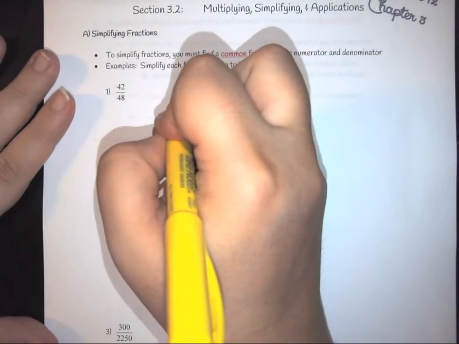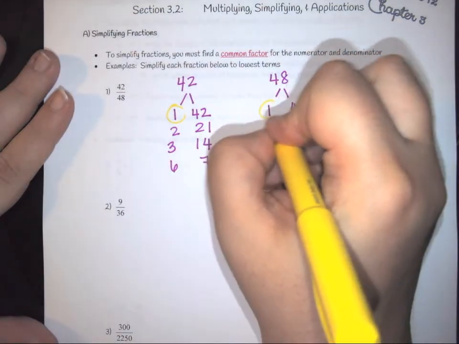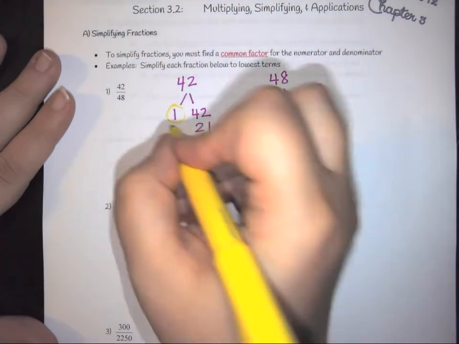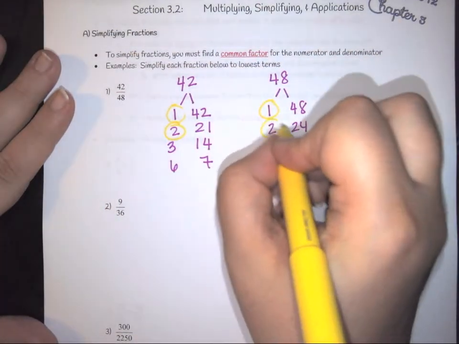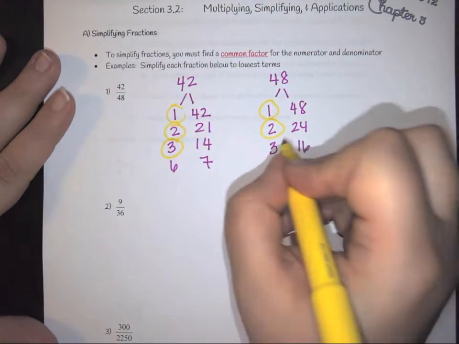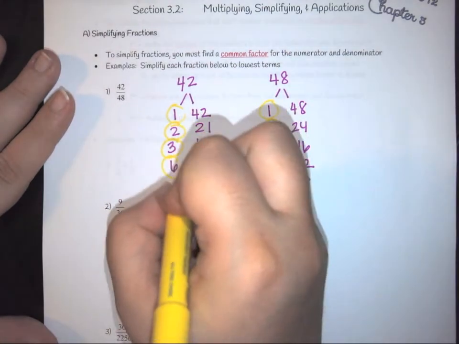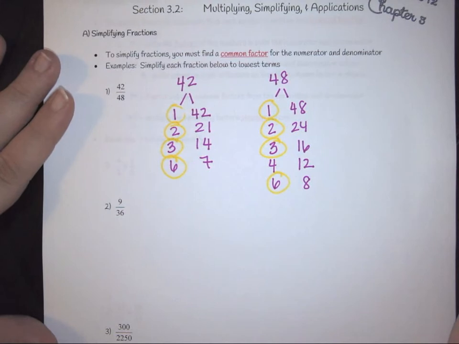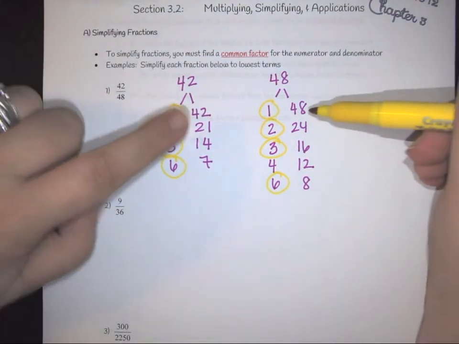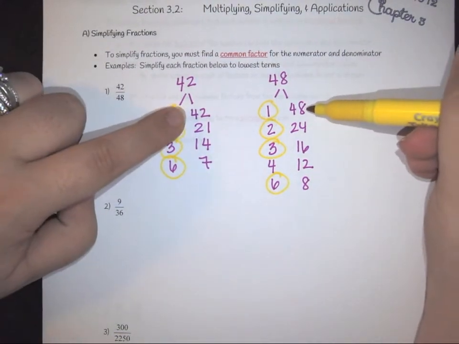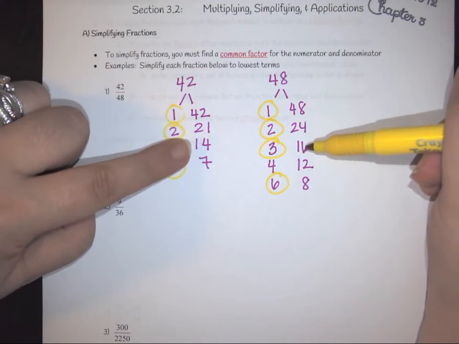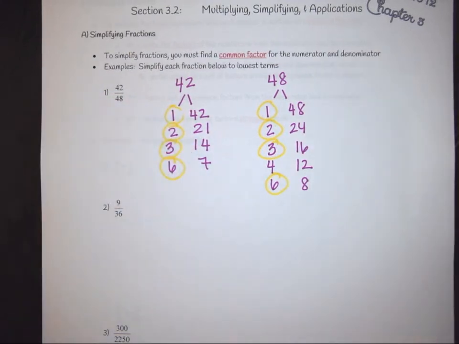I have a 1 on this side and a 1 on that side, a 2 here and a 2 there, a 3 here and a 3 there, and a 6 here and a 6 there. But if you look at the bigger numbers, I have no others in common. So I actually have 4 different common factors I could use.